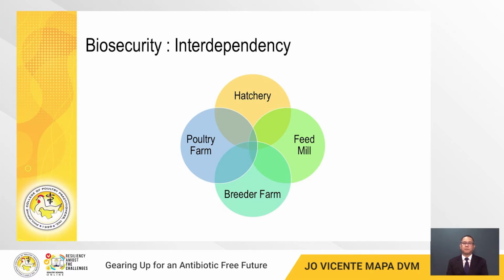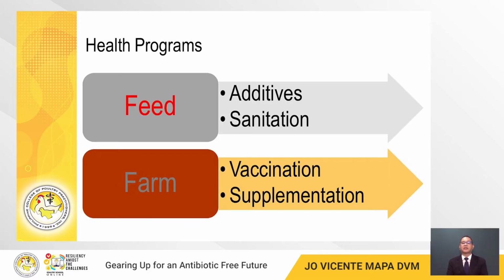The next factor that we will be talking about is the Animal Health Program. Animal health starts with the disease prevention as end in mind. Health programs are designed to minimize the risk of pathogen contamination and economic impact of a disease. Disease prevention is also involved in feed formulation.